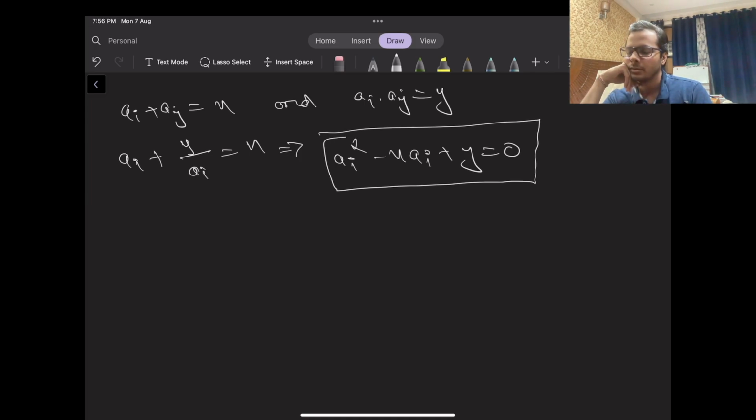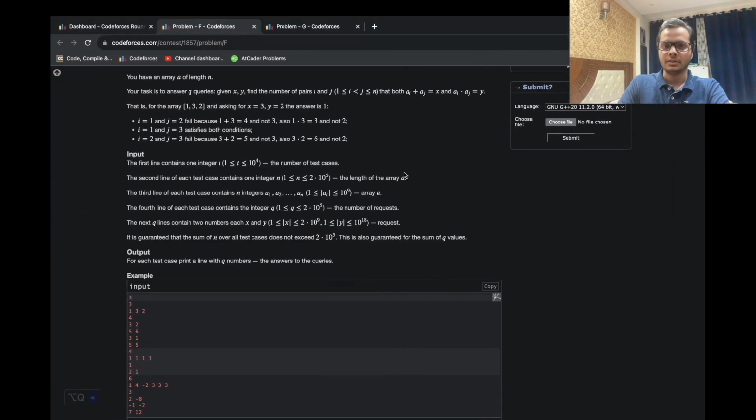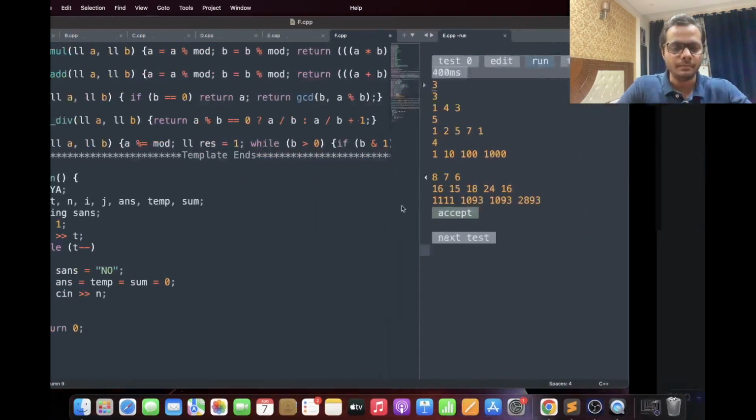Both of these ways should work in this problem. Let me think which way should be better. I think we should just go with the quadratic formula, that would be much easier. So let's do that.